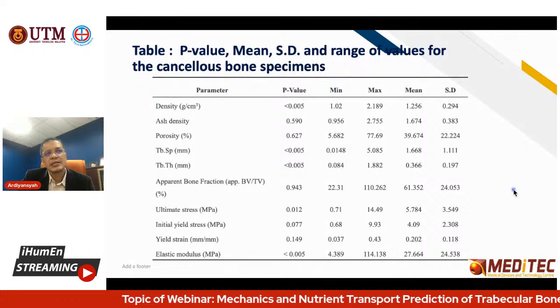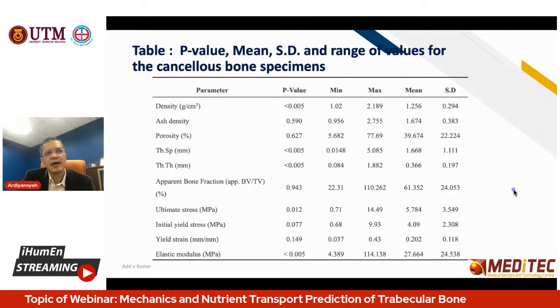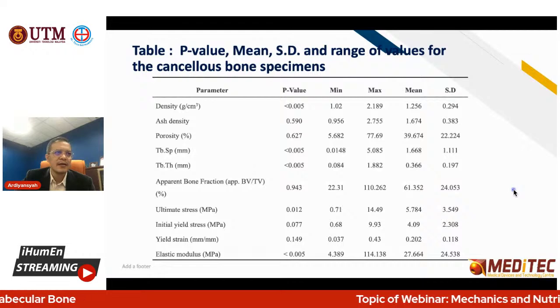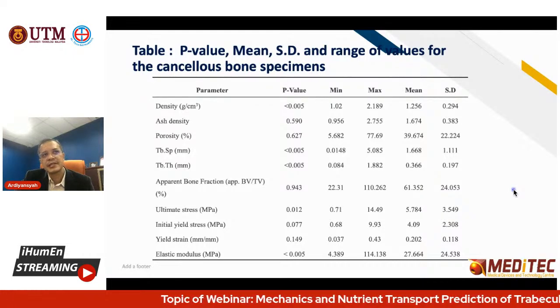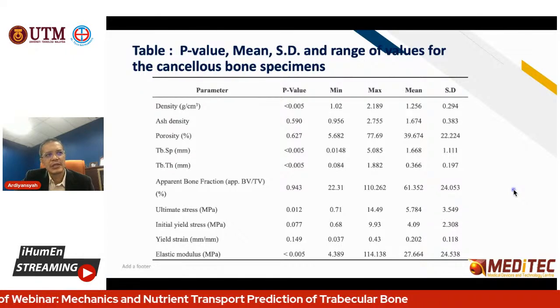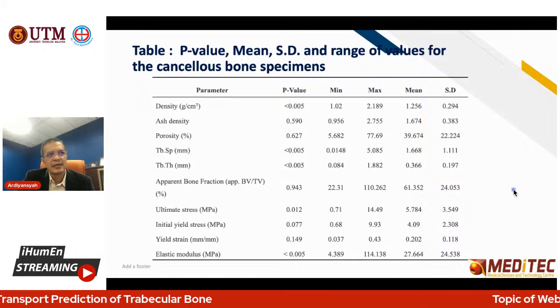Okay, this one is an example. After you scan and study, you analyze all the microarchitecture: the density, the edge density, the porosity, trabecular separation, trabecular thickness, and volume fraction.